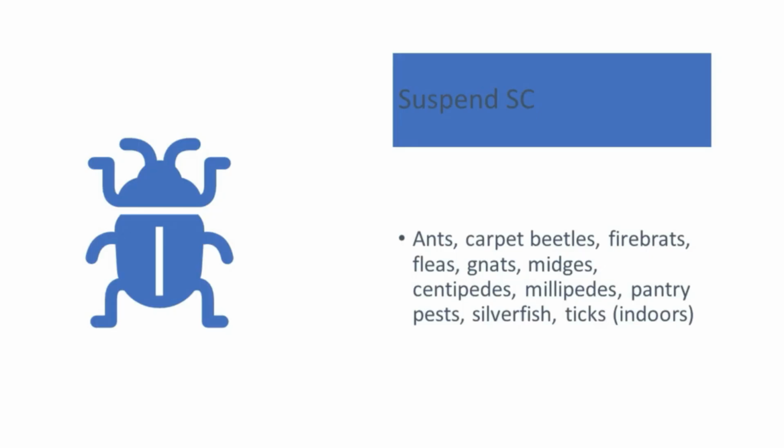Suspend SC. Listed insects on the label include ants, carpet beetles, firebrats, fleas, gnats, midges, centipedes, millipedes, pantry pests, silverfish, ticks indoors.